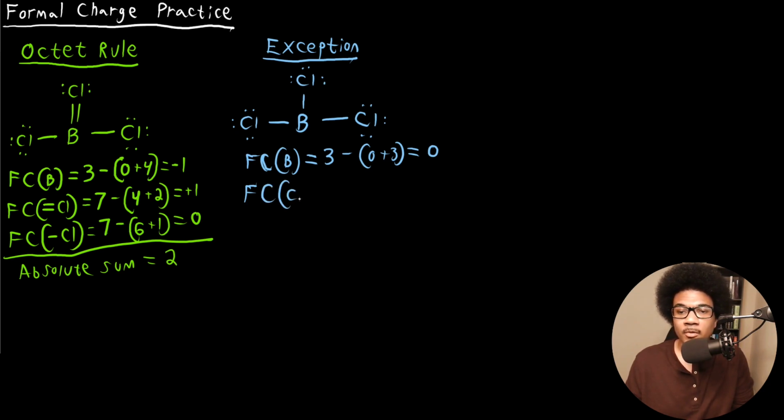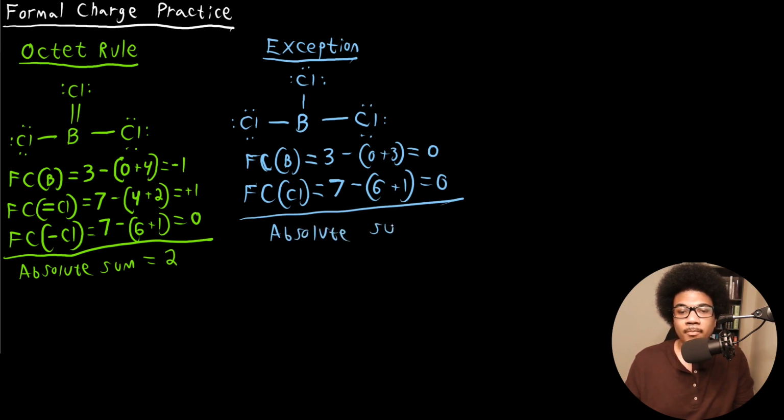So I'll just put the formal charge for chlorine. Characteristic valence in this case is going to be 7, minus 6 dots plus 1 dash. So that's going to give us a formal charge here of 0. And so when we add up the absolute sum, here we get 0 for the absolute sum of all of the formal charges, because it's going to be 0 at each one of these chlorines and 0 at the boron.